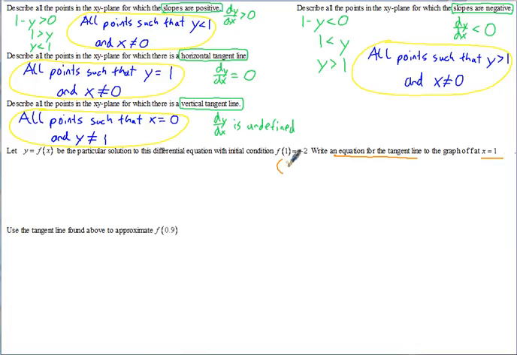So right here, this is the point 1, negative 2. There's our point of tangency. And the derivative gives us our slope, so we want to evaluate the derivative when x is 1 and y is negative 2.